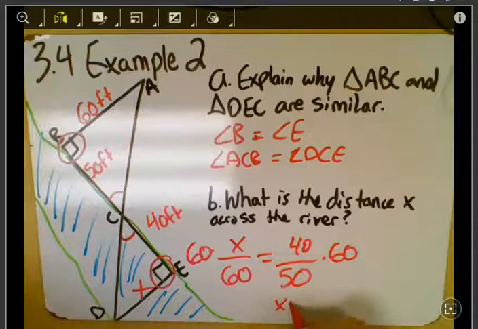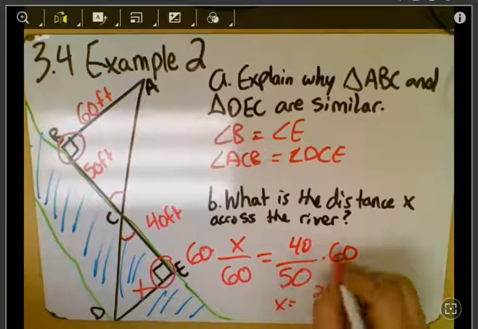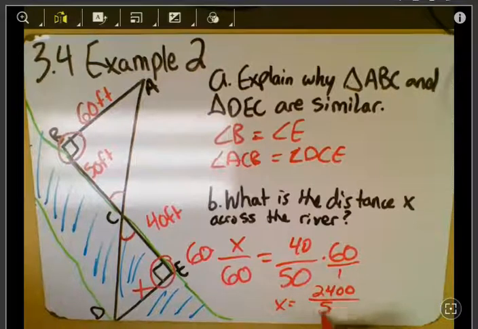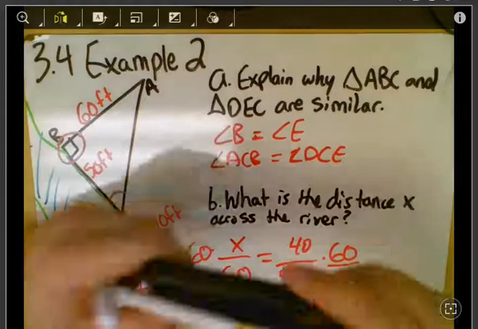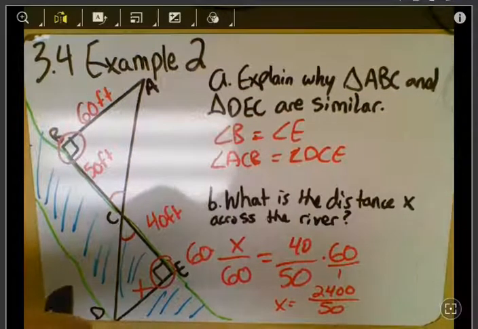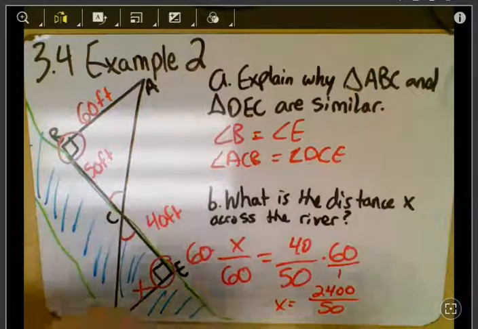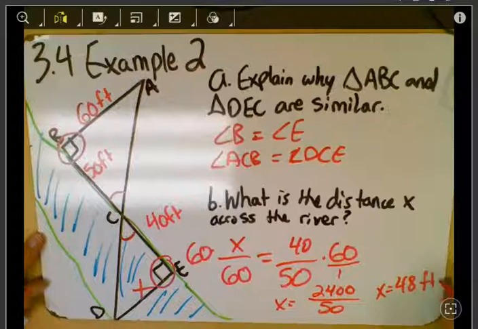That gives us x equals 60 times 40, which is 2,400, divided by 50. And then we calculate it. 2,400 divided by 50 is 48. So x equals 48 feet.